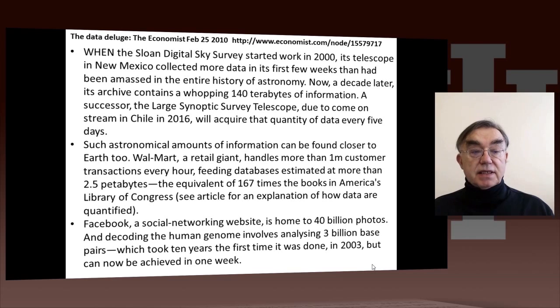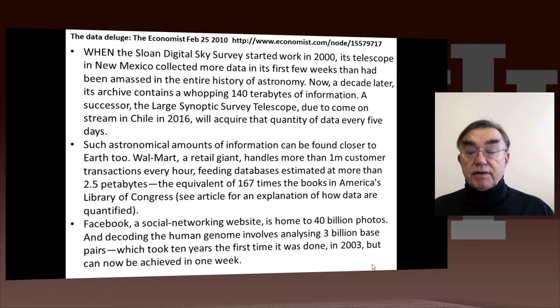And the successor, the Large Synoptic Survey Telescope, which will start in 2016, will get 140 terabytes every 5 days. So that is 28 terabytes a day. So that's obviously a big increase.